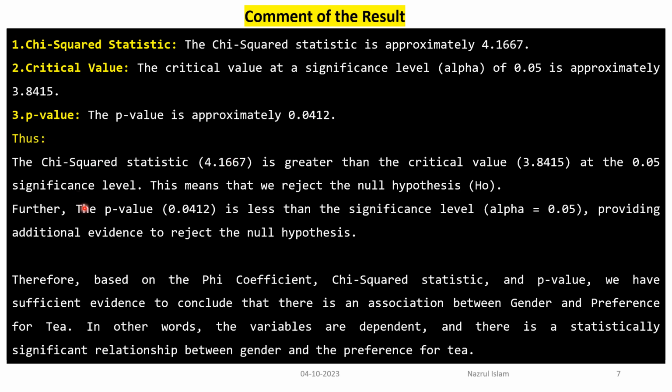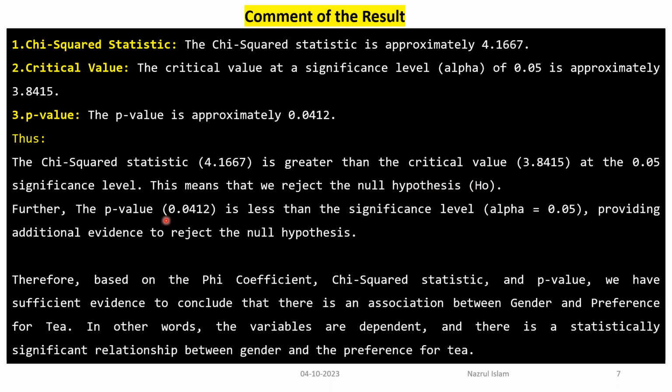Thus, the chi-square statistic 4.1667 is greater than the critical value 3.8415 at the 0.05 significance level. This means that we reject the null hypothesis.